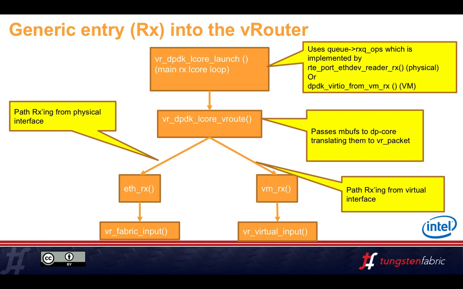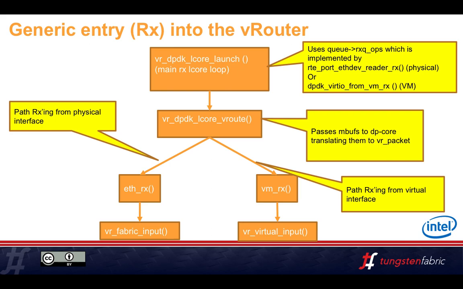Then we have the VRDPDK LCore. By the way, this is obviously a simplified version. There is quite a lot that I'm not talking about. But at least this gives a pretty good picture of how the vRouter works, so that we can all understand how the offloads are working.